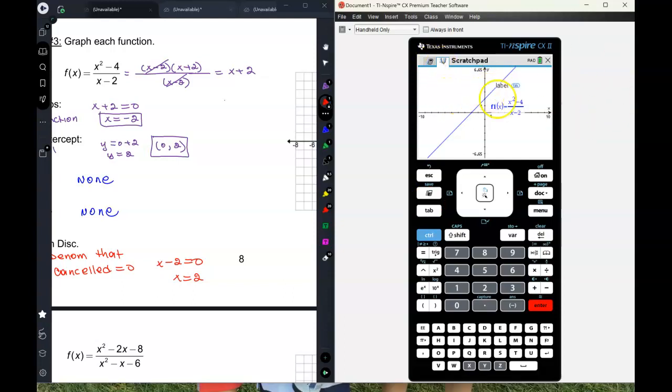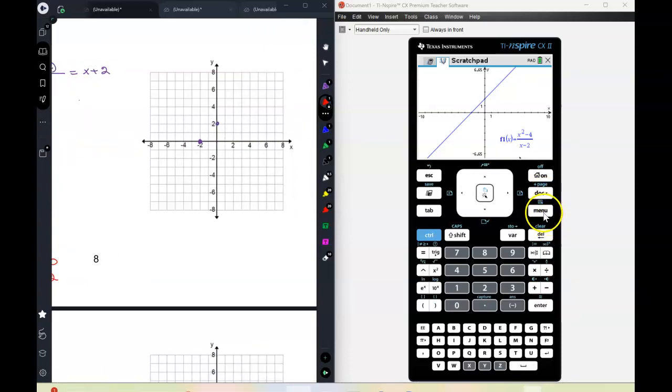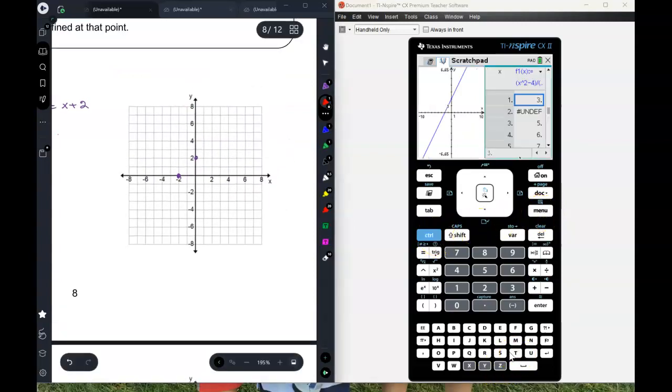Okay, so now let's do this. Here I have the 0 and I have the y-intercept. Let's go ahead and do the table. So look at that. At x equals 2, it's undefined, right? What would it have been?